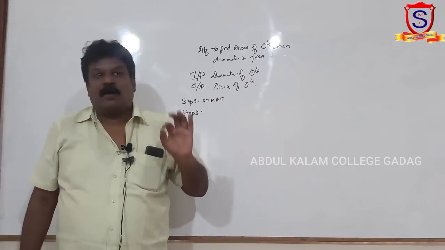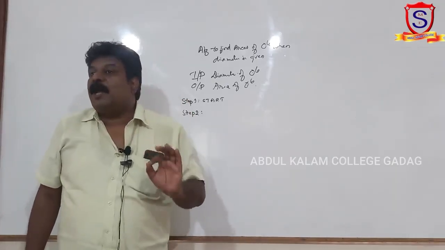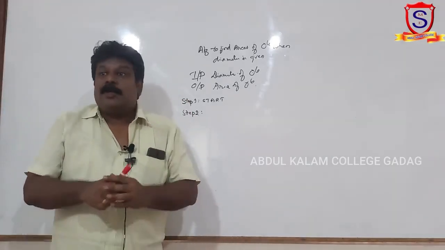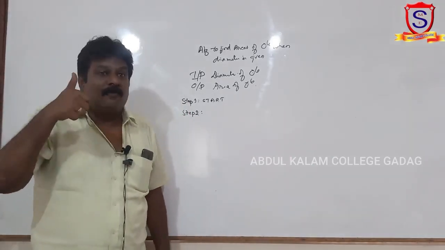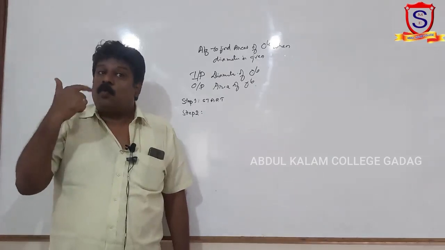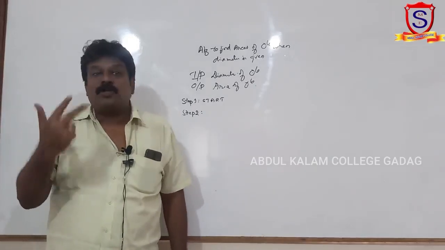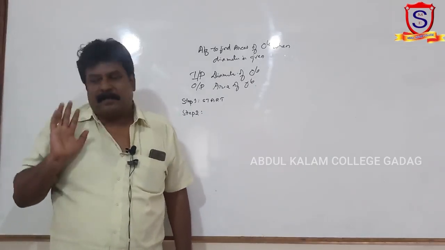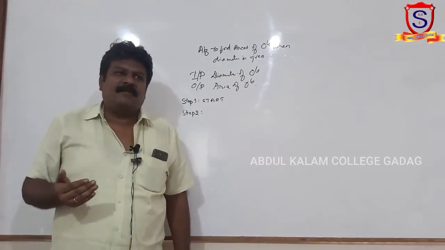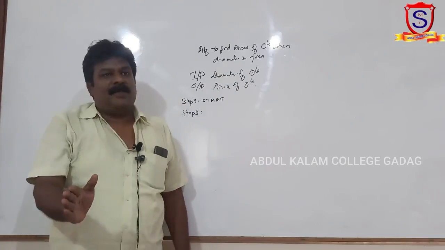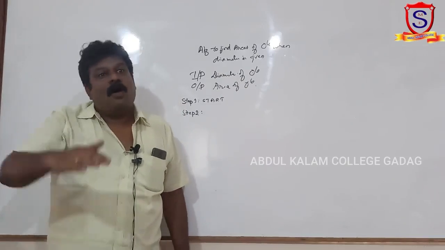Where will those values be kept? The values which are given by the user will be stored in the variables. So already I have told you, whenever you would like to declare a variable, you have to consider what kind of value that variable must store, what should be the size, and what should be the maximum and minimum. Why all these things have to be considered? All kinds of variables cannot hold all kinds of values.